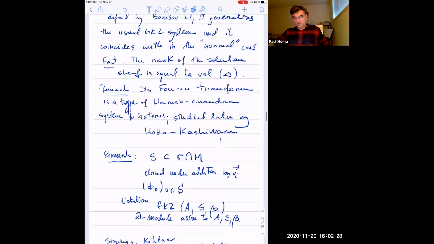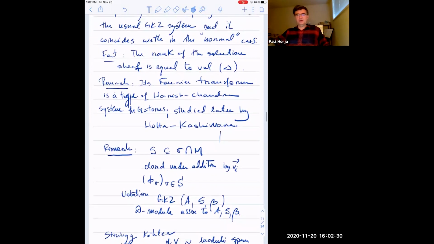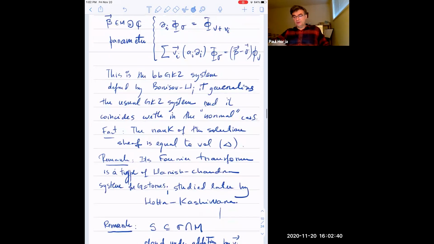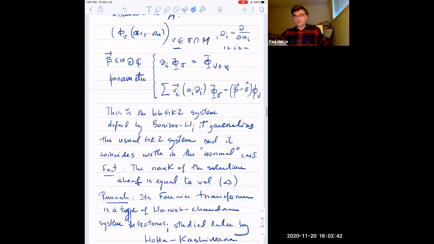of Landau-Ginzburg models. So, one remark here is that if I take this system, it is defined this way. So that's another advantage of the BBGKZ.